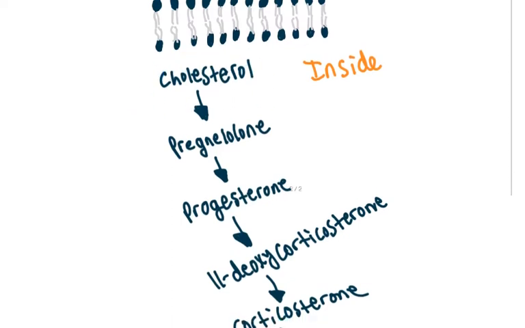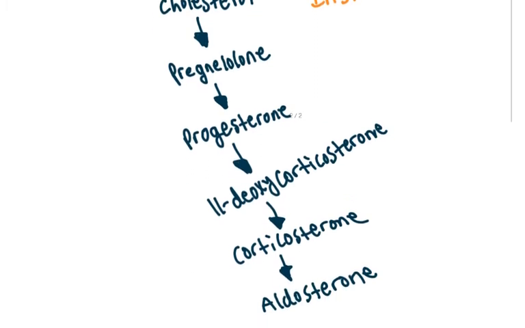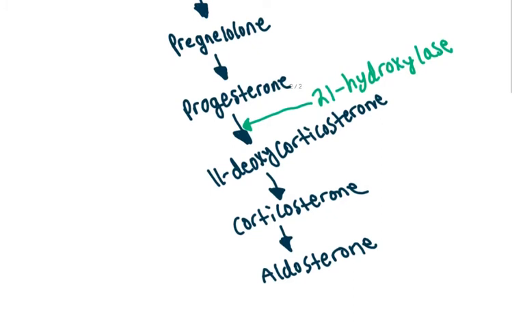Now let's discuss certain enzymes that are important. When progesterone converts to 11-deoxycorticosterone, there's an important enzyme to catalyze this reaction, called 21-hydroxylase. There's another enzyme right after that catalyzes the step between 11-deoxycorticosterone and corticosterone, called 11-beta-hydroxylase.